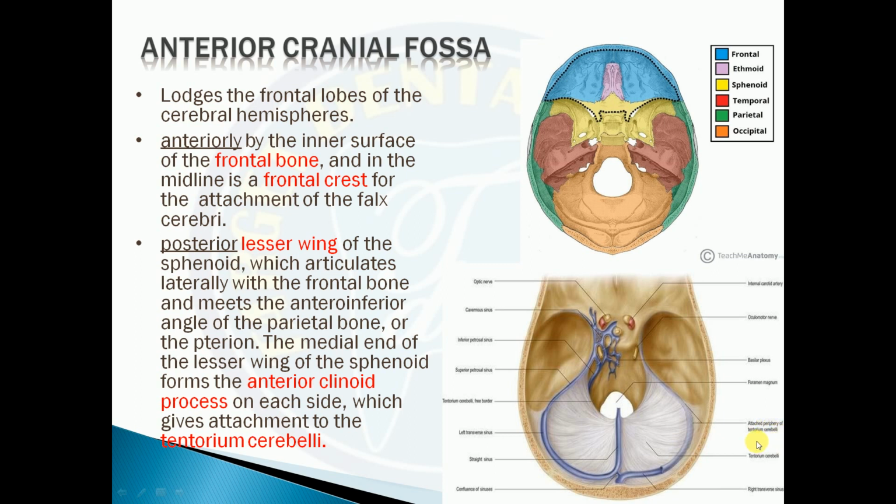So you have to keep in mind there are two surfaces. The anterior surface, which is the inner surface of your frontal bone, consists of your frontal crest, and your posterior part is the lesser wing of sphenoid. This portion is the medial end of the lesser wing of the sphenoid. It forms an anterior clinoid process over here, and on each side, which gives attachment to the tentorium cerebelli.